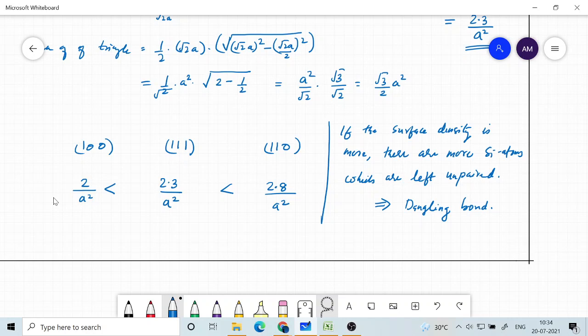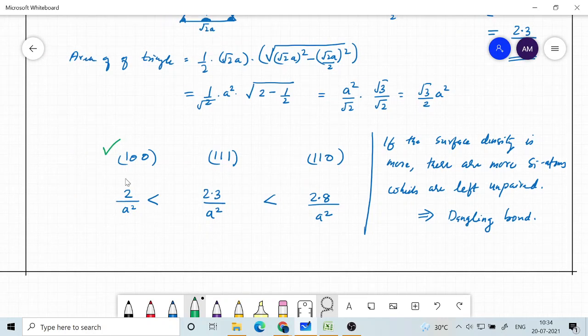So that is how the 100 plane wafer is preferred, because it has fewer atoms which are unsatisfied on the surface, and therefore its reactivity and its trapping of impurity is relatively less compared to the others.